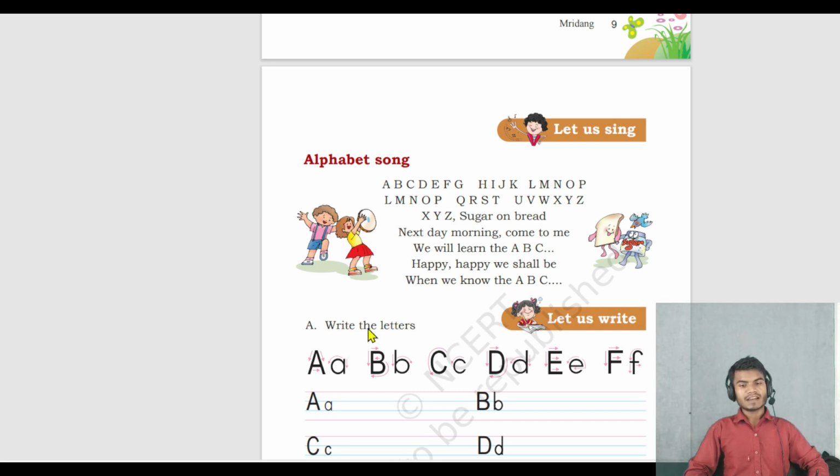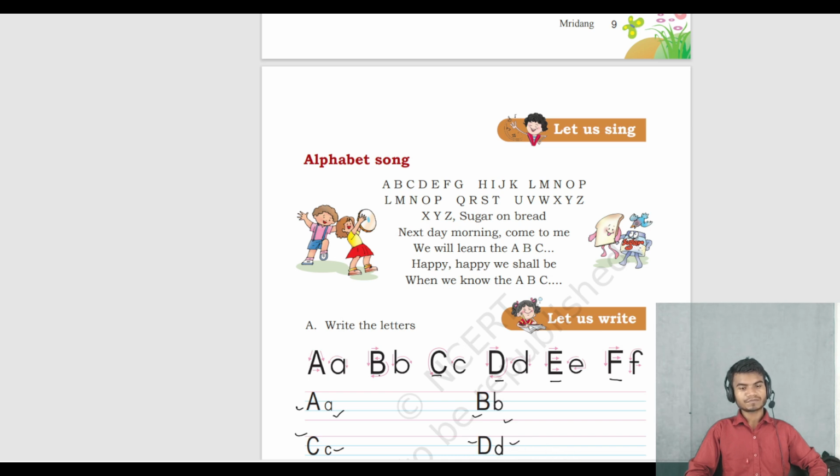Let us write. Write the letters A, B, C, D, E, F. Capital A, small a. Capital B, small b. Capital C, small c. Capital D, small d.